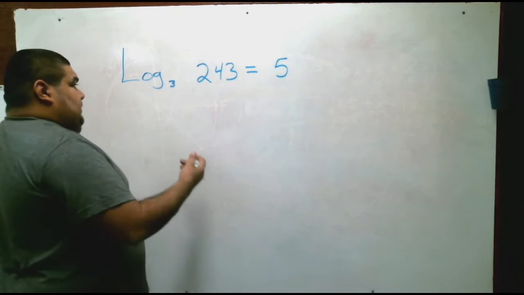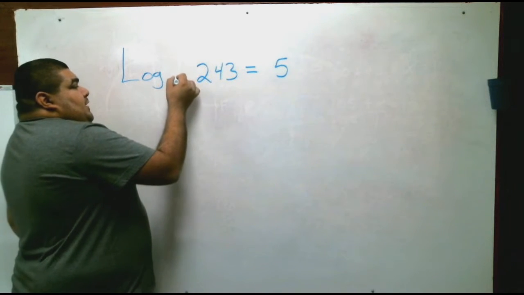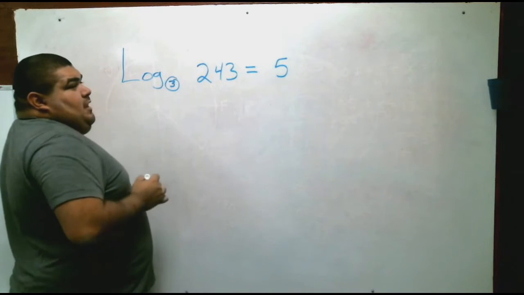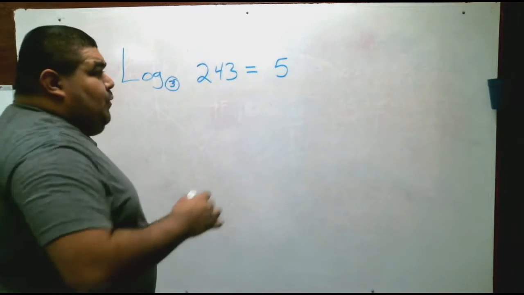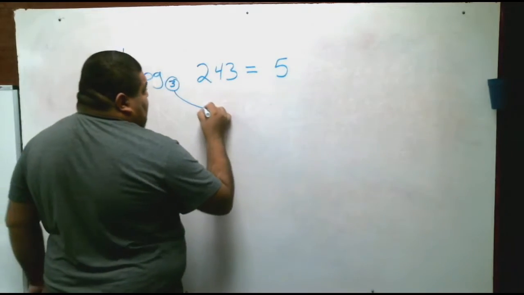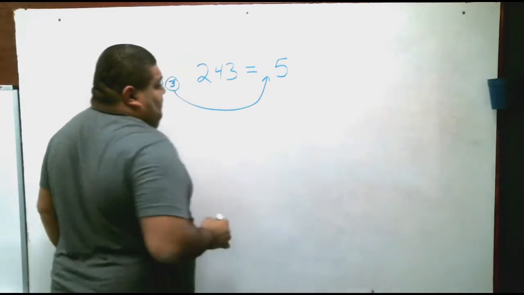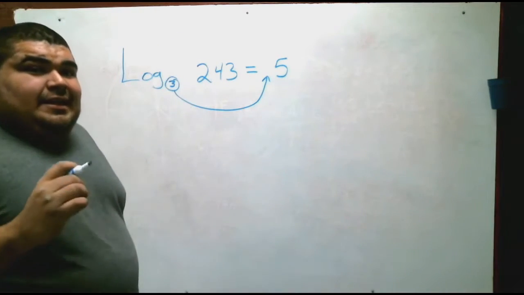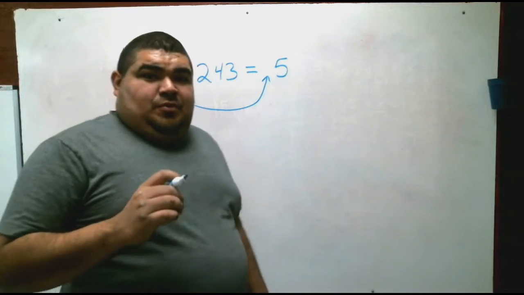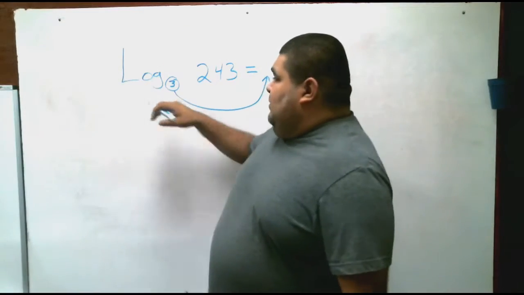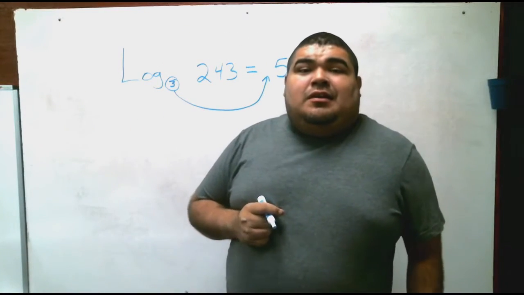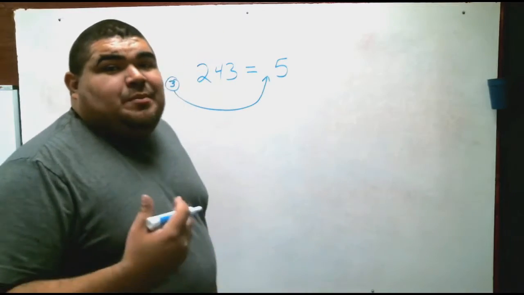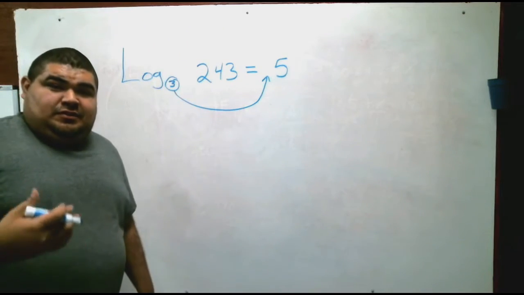What we're going to do is get the little exponent the log has and move it to the other side of the equal sign, okay? When you move the little number from the log, it becomes the primary number of the equation on the other side of the equal sign.